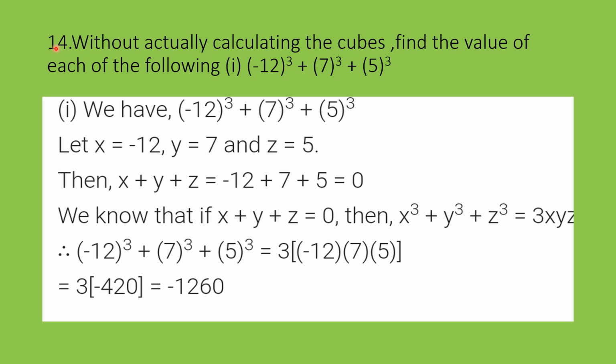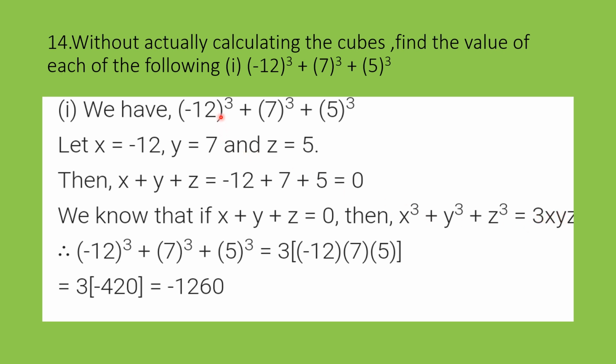Now, question number 14. Without actually calculating the cubes, find the value of each of the following. In that, question number 1, minus 12 cube plus 7 cube plus 5 cube. We have already proved if x plus y plus z equal to 0, then x cube plus y cube plus z cube is 3xyz.